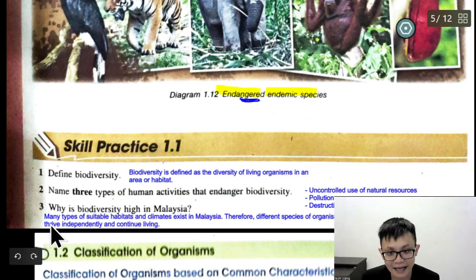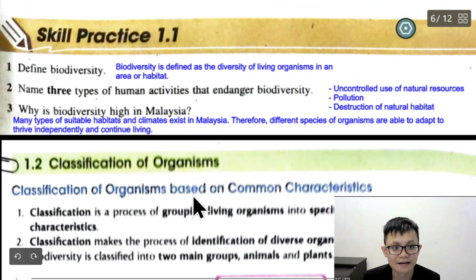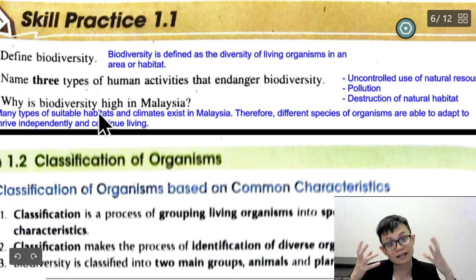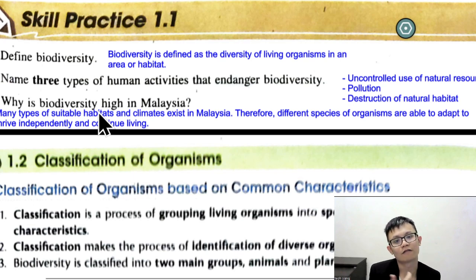So we can say that many types of suitable habitat and climate exist in Malaysia. Therefore, different species of organisms are able to adapt, thrive and continue living. Correct or not? Because Malaysia doesn't have much climate change, and we have an abundance of rain and an abundance of sunlight.